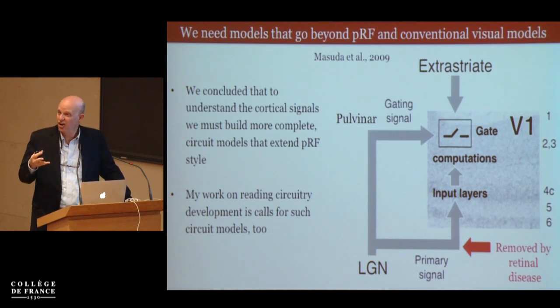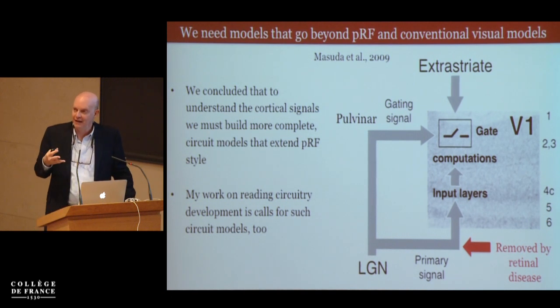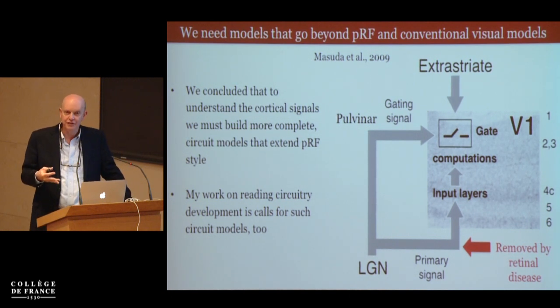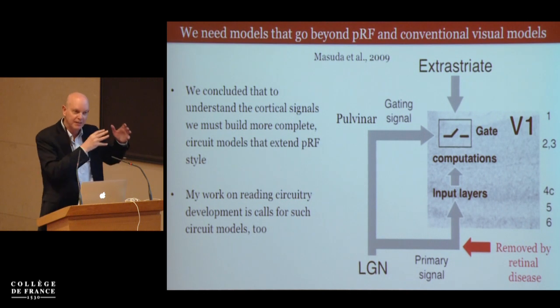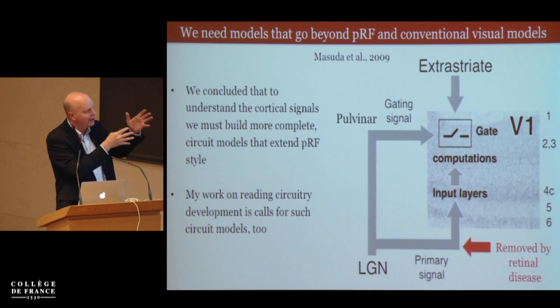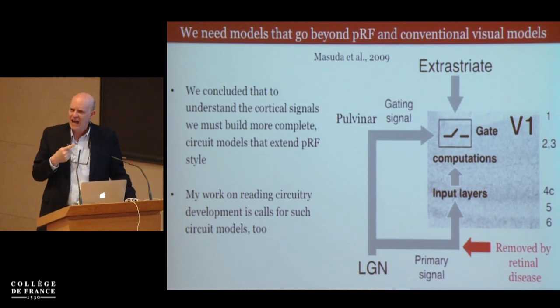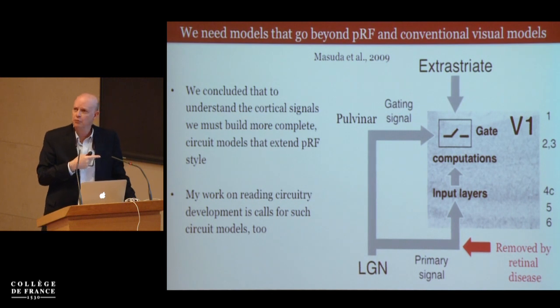Now, that's not really an argument for plasticity. We've just removed one of the major inputs, and the system behaves differently. So you can call it plasticity if you like, as some of my colleagues insist, but I don't know if I would do that. I'd say I'd like to have a model of the way this thing works, just like I have a PRF model, I've got a traveling wave model, I've got models, right? And here I'd like to have another model, a slightly more complex model, and this model really needs to be more complex.